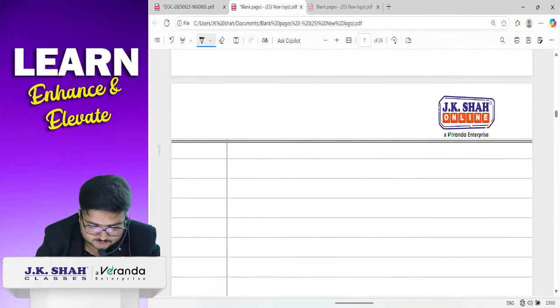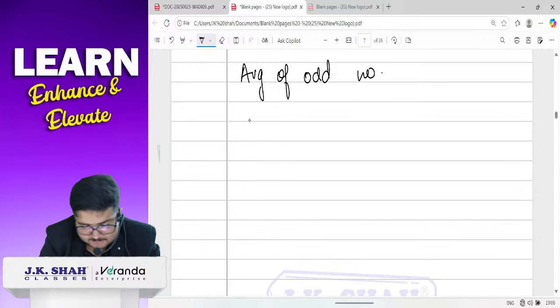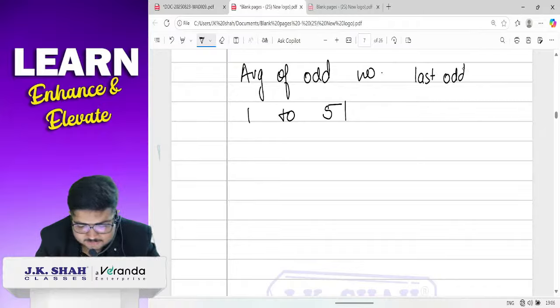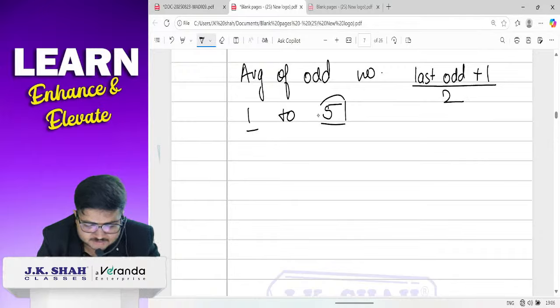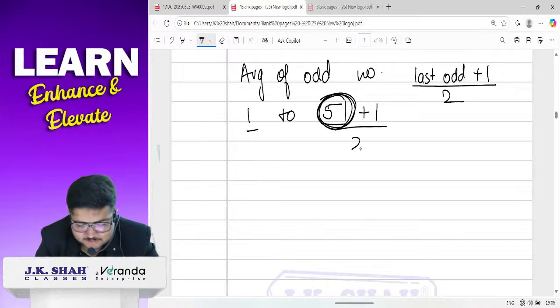What about the average of odd numbers, sir? If they tell you to find the average of odd numbers, for example 1 to 51, the formula is the last odd number plus 1, upon 2. From 1 to 51, the last odd number is 51. So add 1 and divide by 2.